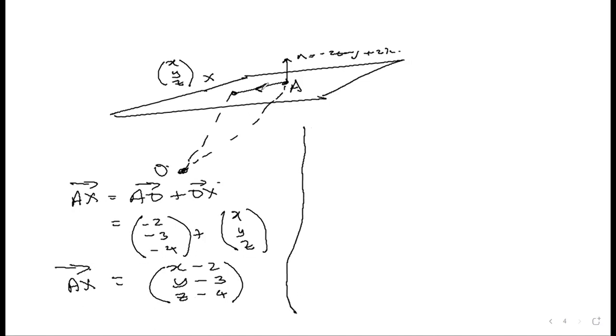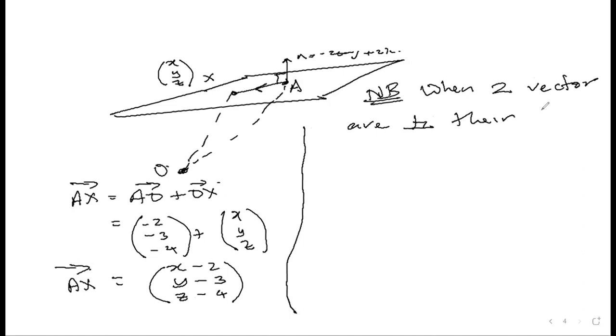A point that we want to note now is that when two vectors are perpendicular, their dot product is 0. And that comes from the formula.